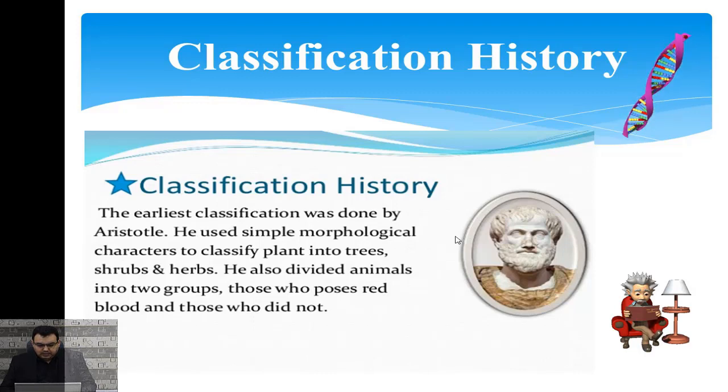He used simple morphological characteristics to classify plants into trees, shrubs, and herbs. He also divided animals into two groups: those who possess red blood and those who do not.